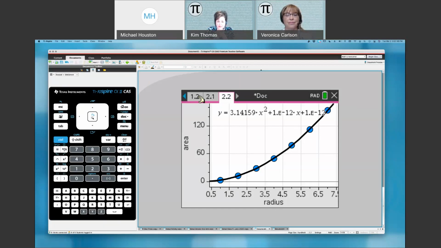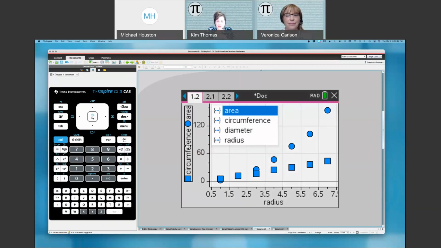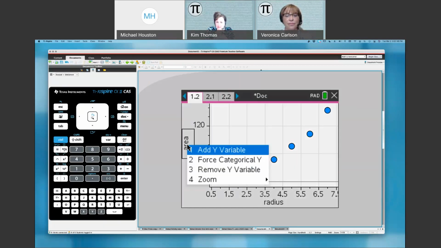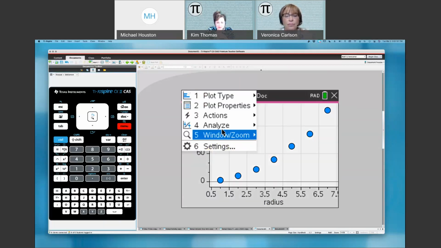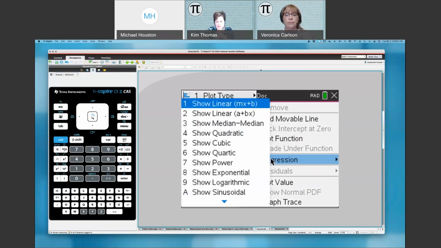And we were seeing people talk about, okay, so what happens over here? So I'm going to do the same one. I want to keep my area. I'm hitting right click to get rid of that on that side. And so I have R and area here. I'm going to do the same thing: menu, analyze, and this was my M&M data. Do my regression.